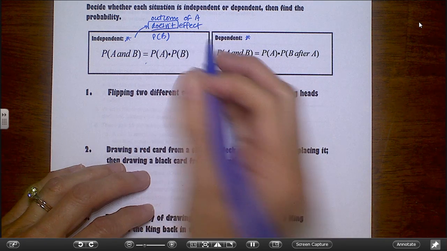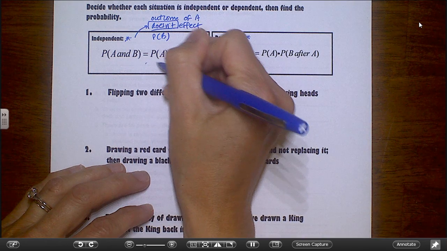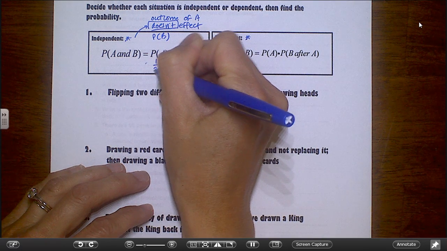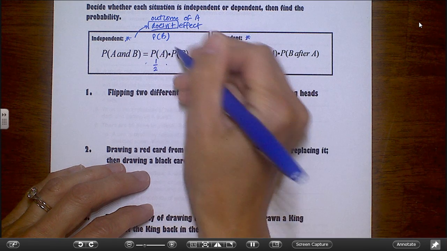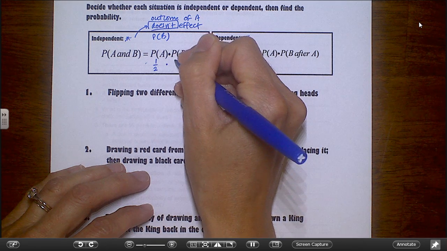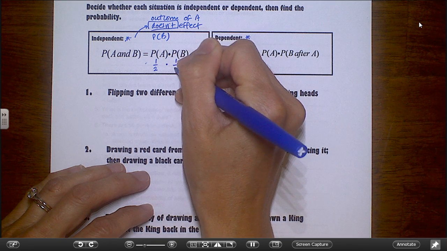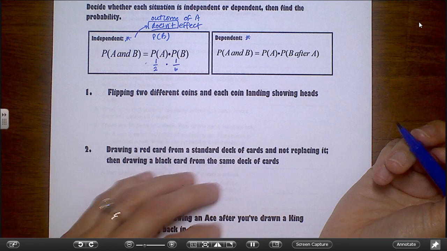Okay, the probability of flipping a coin, landing on heads, and then rolling a dice and landing on a 4, right?